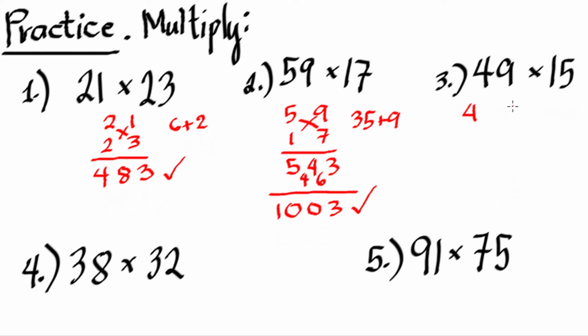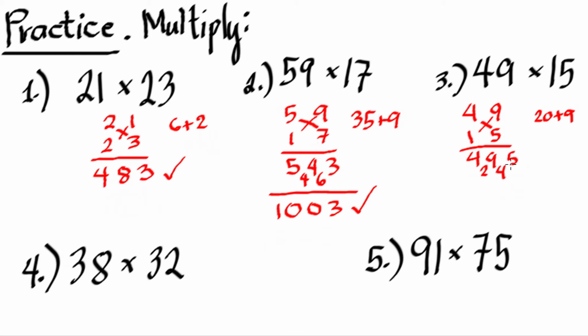Okay, carry on. We have 49 times 15 then. Vertically first, 4 times 1 is 4. Crosswise, 4 times 5 is 20, plus the product of 9 times 1, which is 9, which is 29. And then lastly, we have 9 times 5, which is 45.